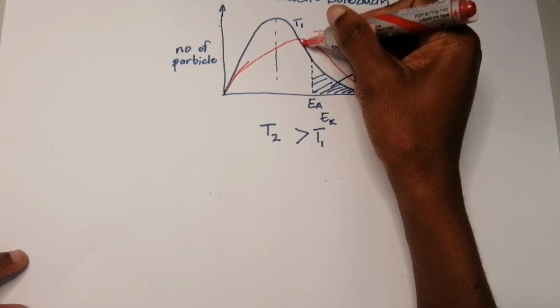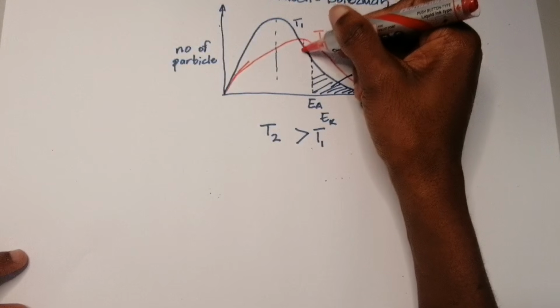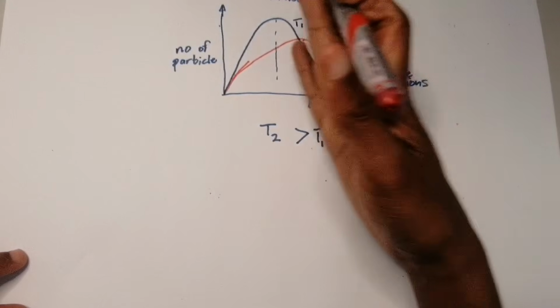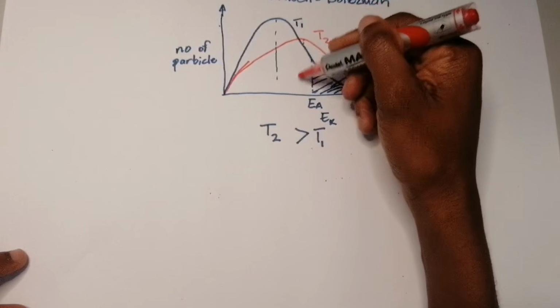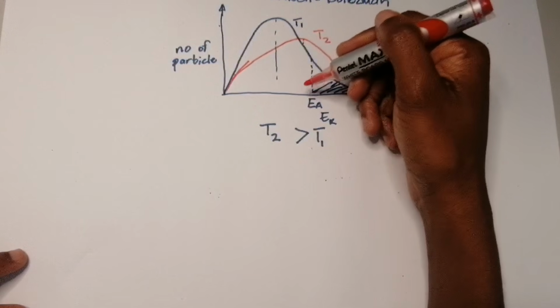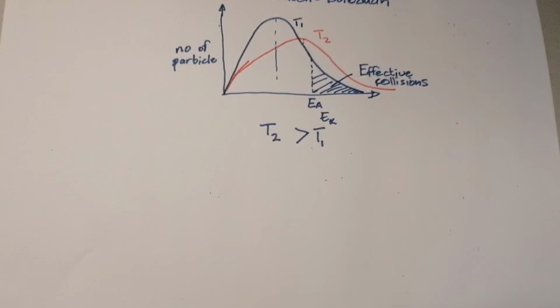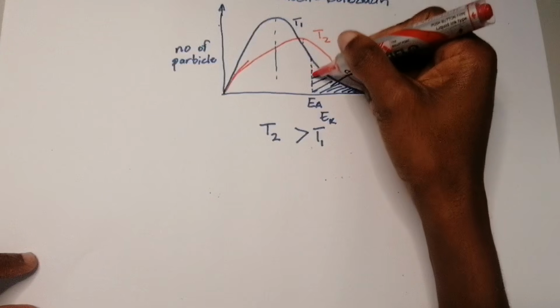Secondly, the average kinetic energy has shifted. My average is right here now. So when you increase the temperature, it increases your average kinetic energy, and as a result, because your average has increased, now I want you to note, we said this is our activation energy here.